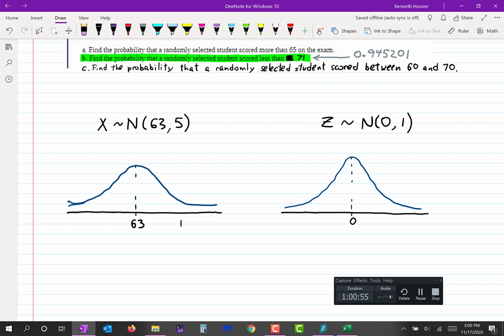So let me show you how to do that. So 65 would be right about, let's say, here. It's not very far past 63. Here's the catch this time. They want to know the probability of scoring more than 65, so we need to find this area.